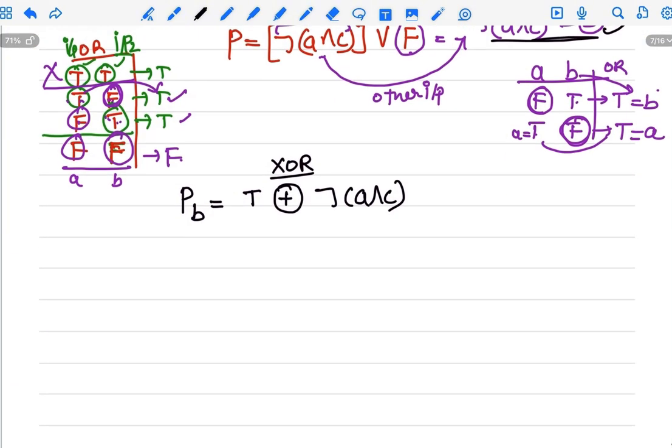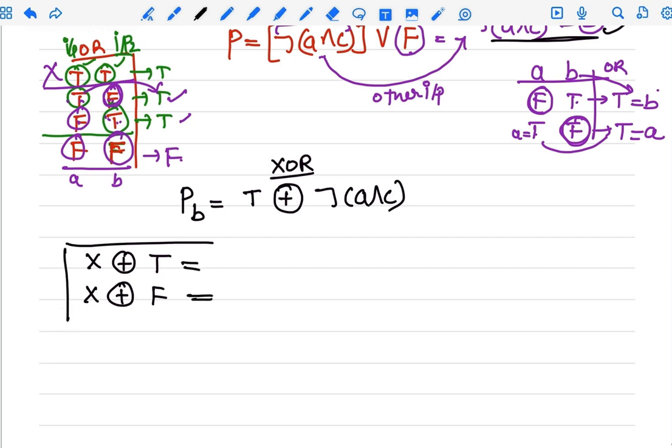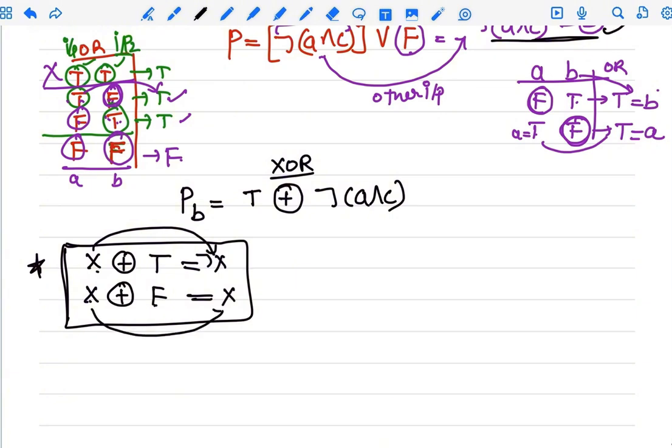There are two rules: x XOR with true, and x XOR with false. You have to remember these two results to solve this type of question. x XOR with true is the negation of x, the other input's negation. x XOR with false is x only, the other input.